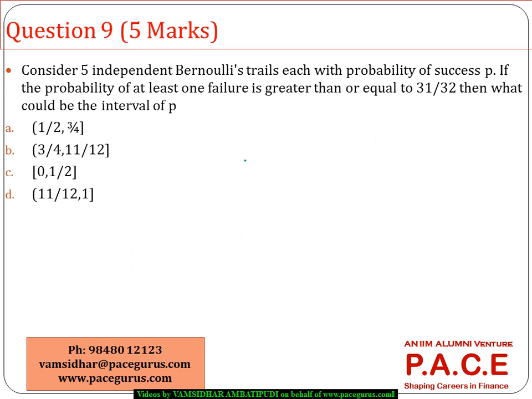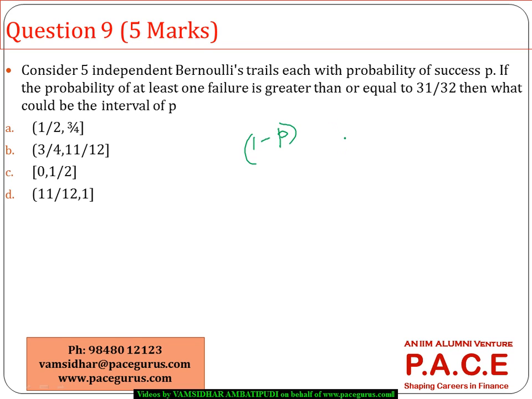Consider 5 independent Bernoulli trials, each with a probability of success of P. Probability of at least one failure. So the failure is 1 minus P, right? Probability of at least one failure is greater than or equal to 31 by 32.